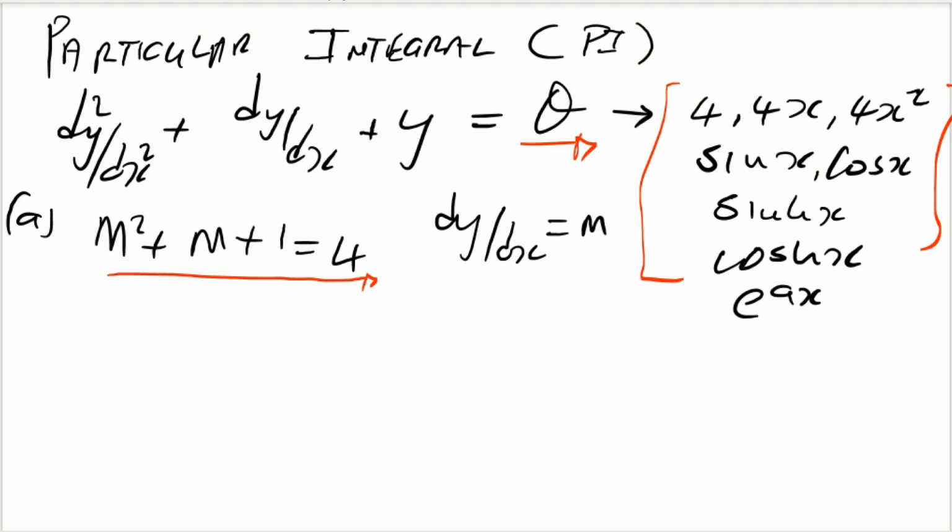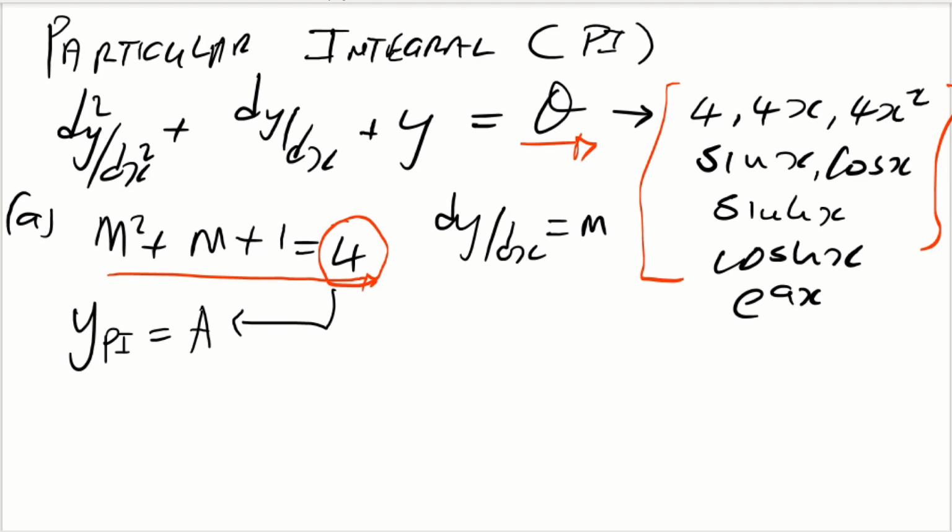So you look at the right hand side of your equation. It's not equated to 0, it's equated to a number, 4. So our equation for YPI is gonna be A. You only have a constant, so this 4 is replaced by A.